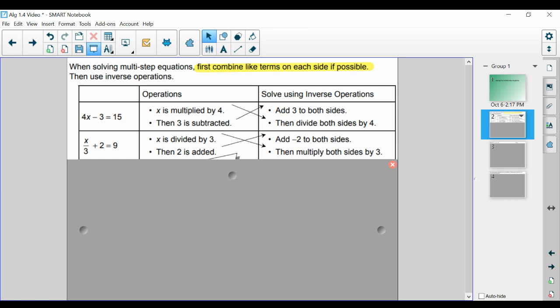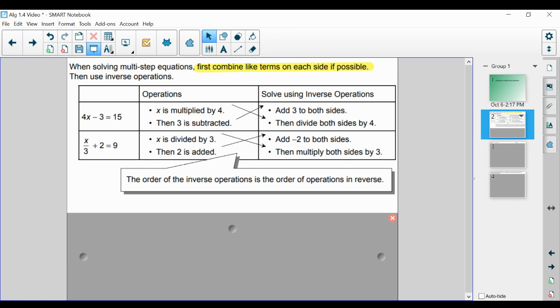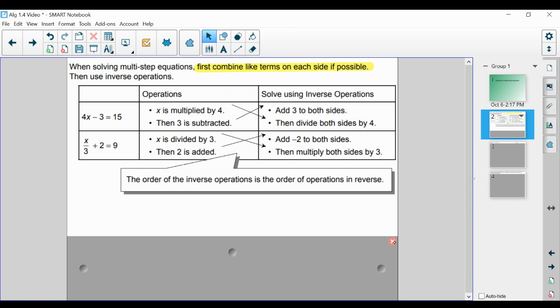The operations that we see, x is getting divided by 3, then 2 is being added. So we're going to add negative 2 to both sides. Again, we sometimes say we're going to subtract 2 on both sides, and then we're going to multiply both sides by 3. The order of the inverse operations is the order of operations in reverse.